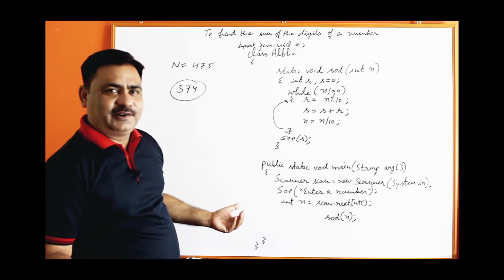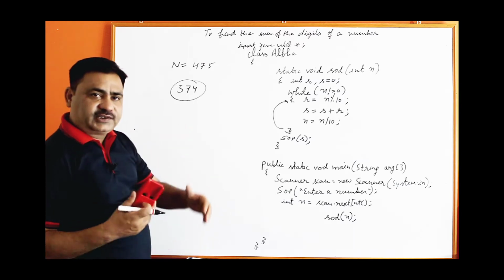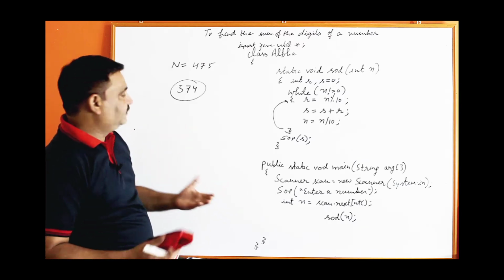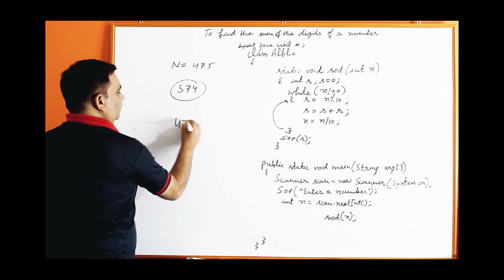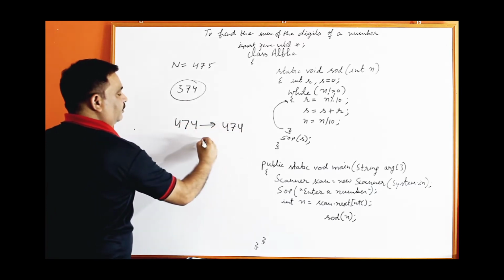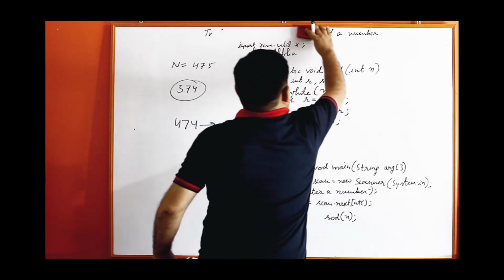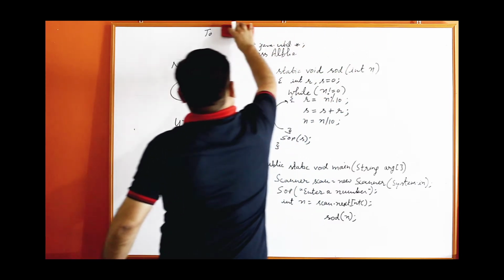Now, what are palindrome numbers? Palindrome numbers are those which remain the same when you reverse them. Example, if the number is 474, when you reverse it, it remains 474, it is a palindrome.